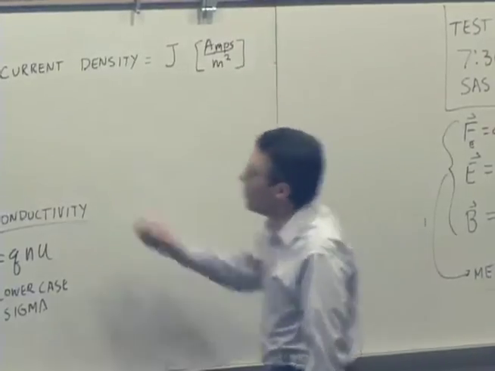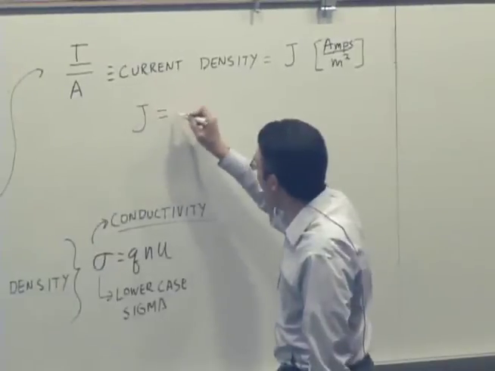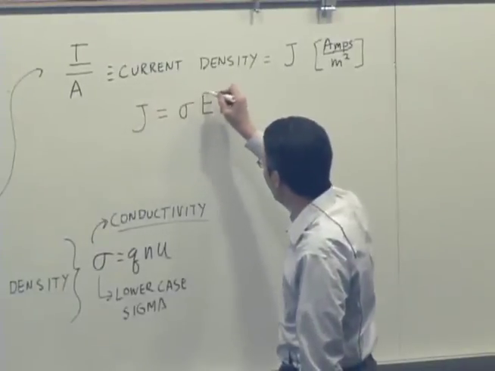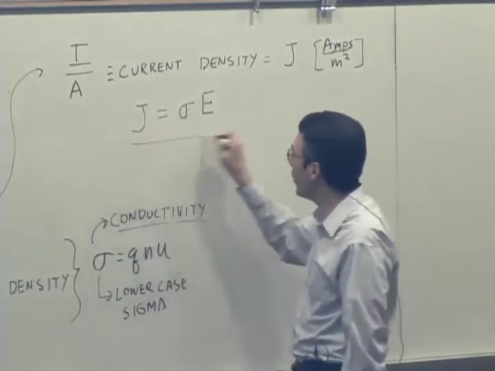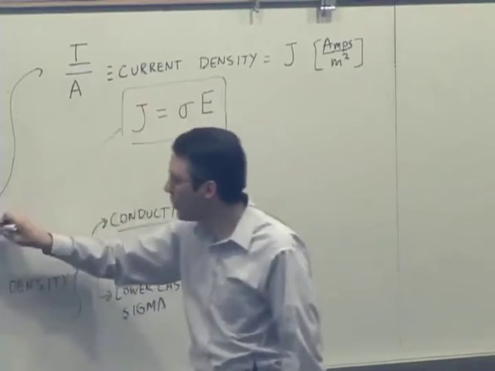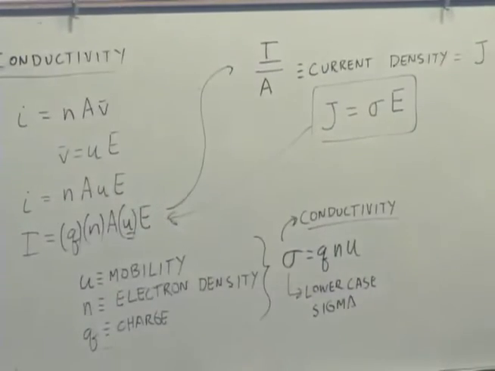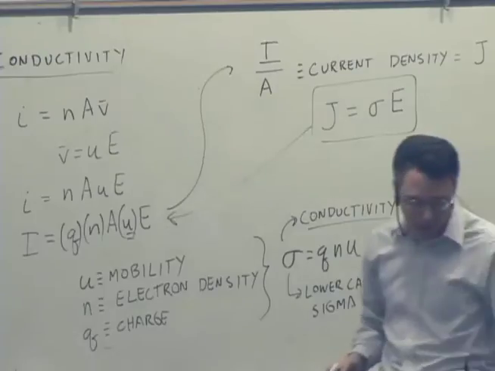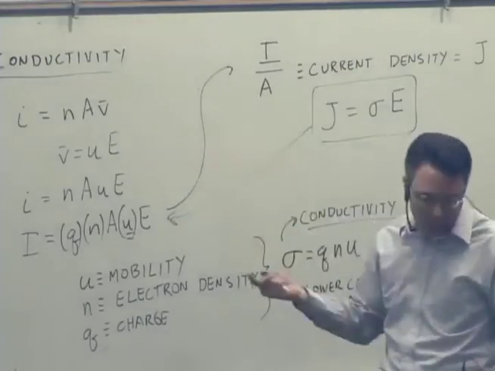So capital J is equal to sigma times E is another way of stating this relationship. This is something you may see if you take an electrical engineering or intermediate electromagnetism class. But it's nothing more than just restating I equals NAUE.